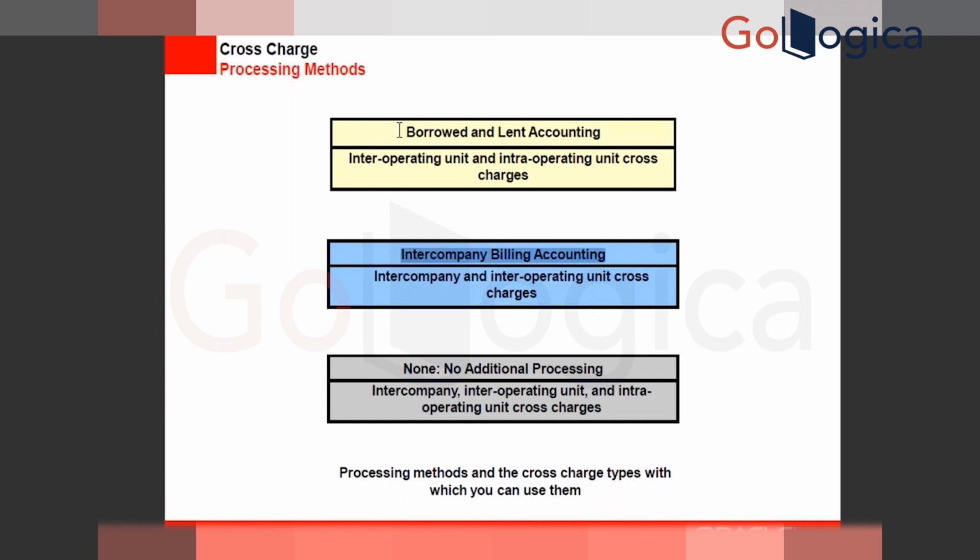With borrowed and lent, only with the help of accounting, the cost and revenue between the provider and receiver will be balanced, I mean accounted, and none means no cross charge.